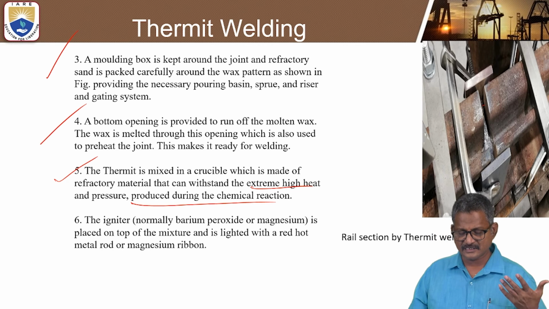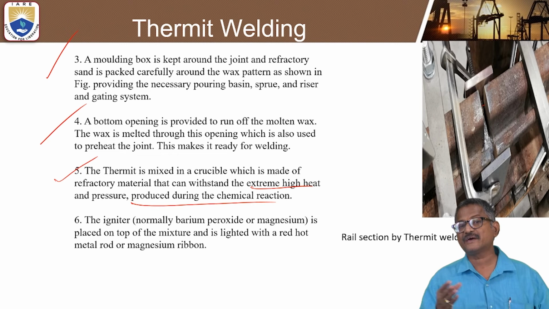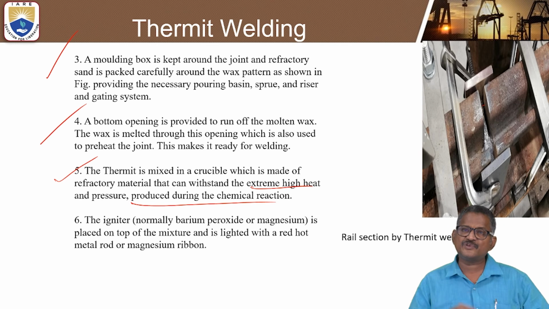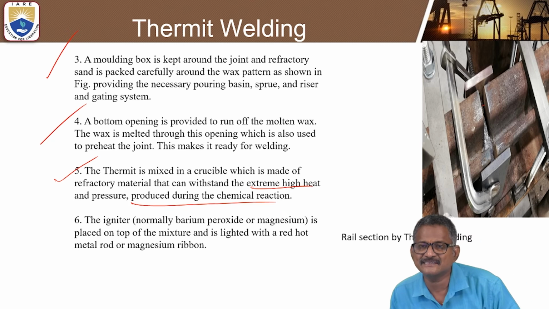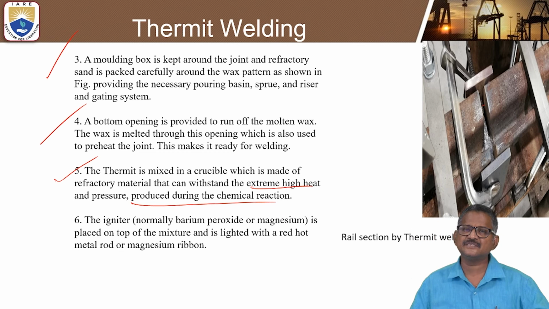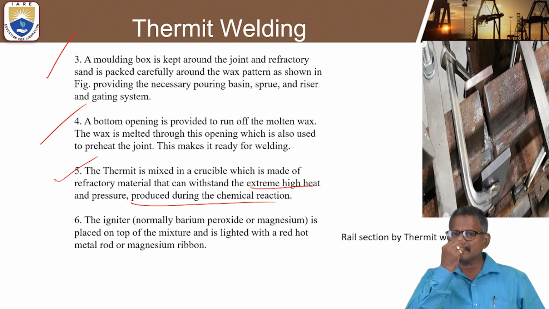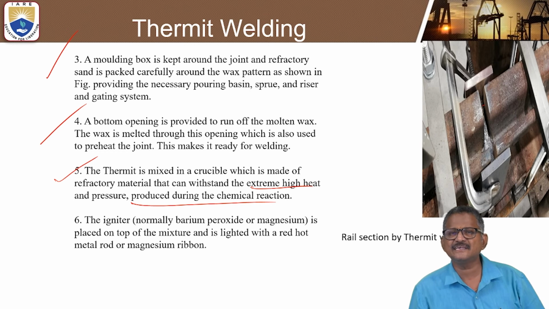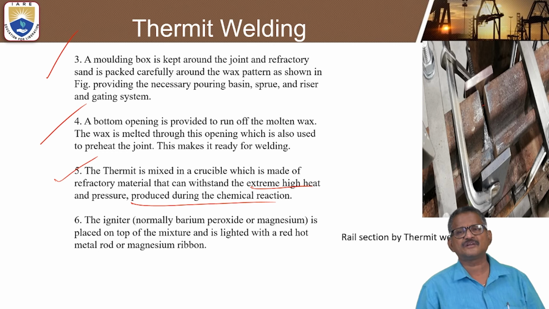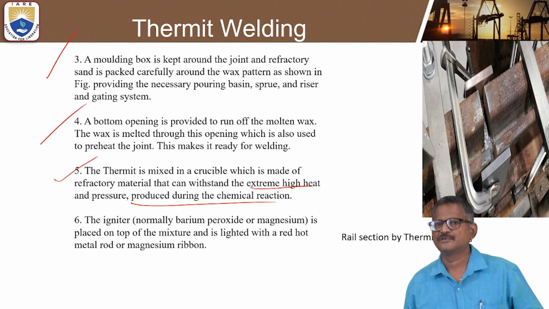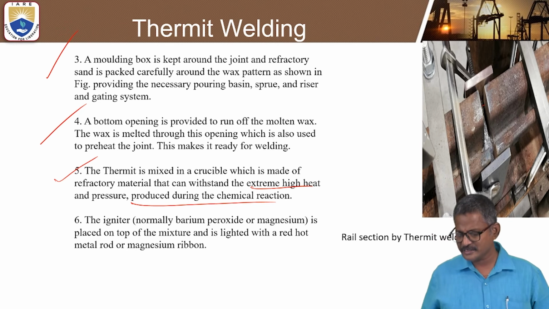Then it is ignited with barium peroxide, or you can also use magnesium. It is placed on top of the mixture and lit with a red-hot metal rod and magnesium ribbon.